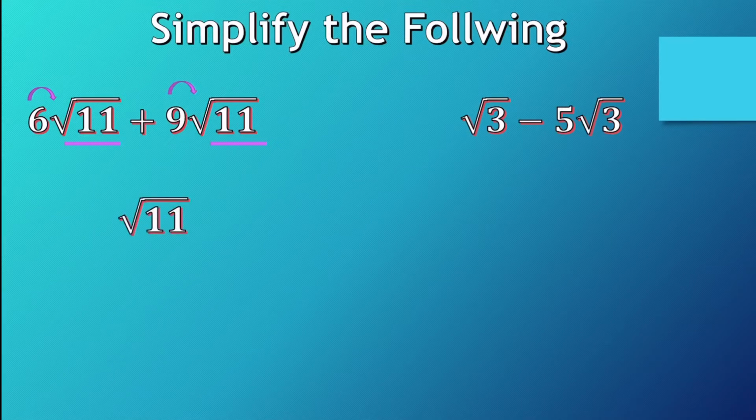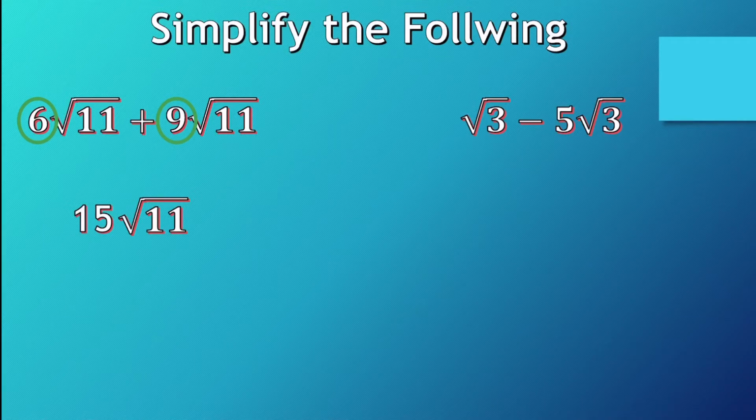So what I like to do, I'm just going to write the radical. Then I have to combine them. What I'm going to look at is their coefficients. Here, I have a 6. Here, I have a positive 9. When I add those two together, I get 15. I have now simplified this problem.